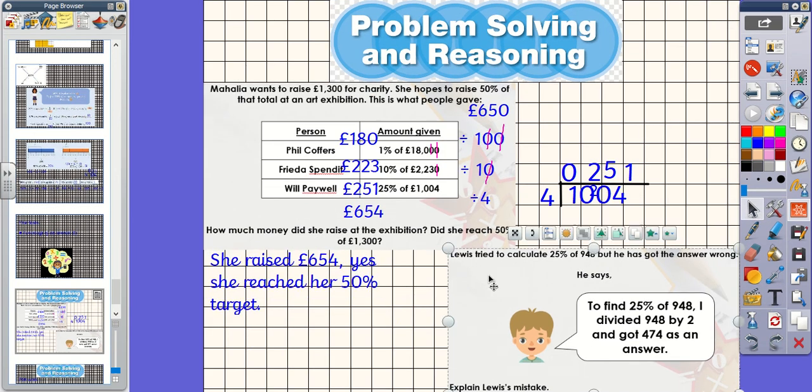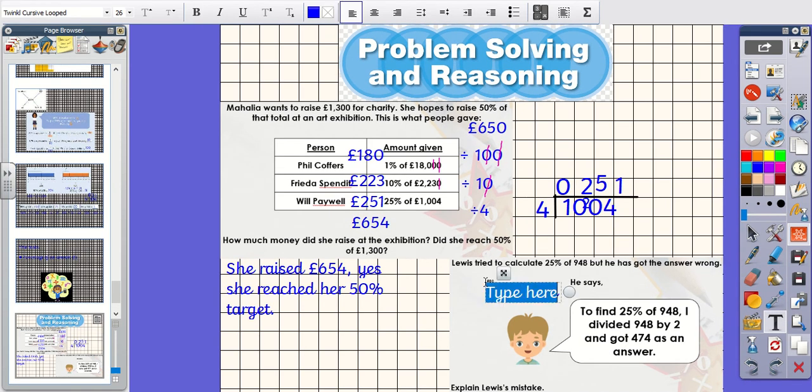Okay then, let's have a go at this last question. Lewis tried to calculate 25% of 948, but he has got the wrong answer. He says, to find 25% of 948, I divided 948 by 2 and got 474 as an answer. Now we know if we need to find 25%, we need to divide by 4, not 2.